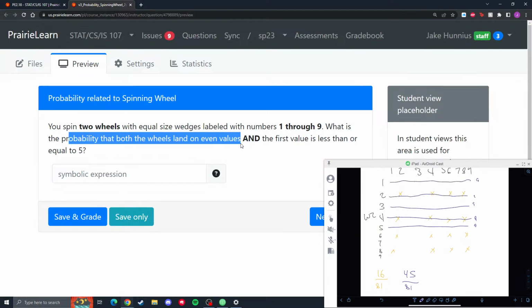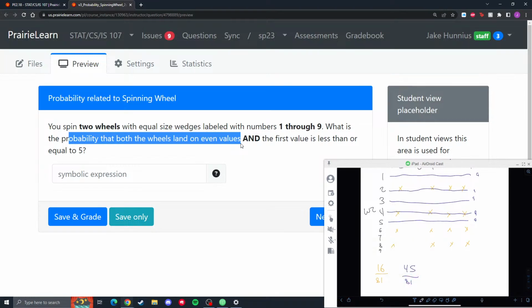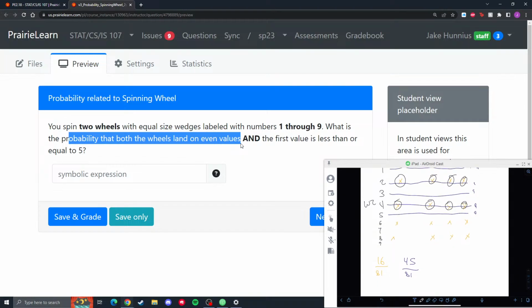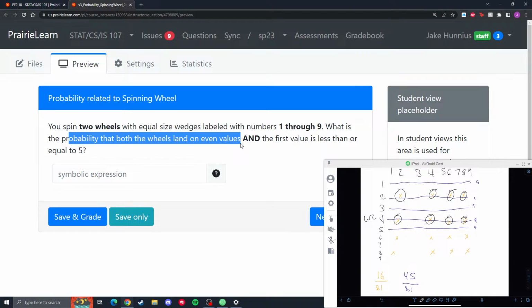And since it's and, all we want to do is just count where they overlap. So we've got all of these ones have it, so it's both. Both of them are even, and it's less than or equal to 5 on that first value. Or sorry, I went the wrong way.